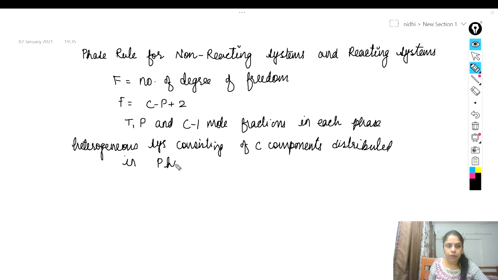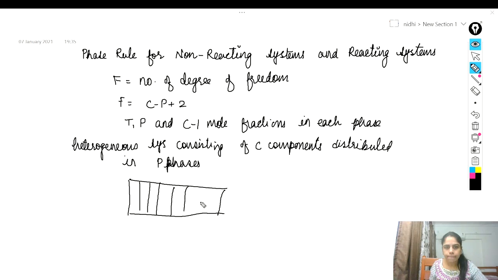Now what does it mean, P phases? Let's consider one, two, three. So we have P alpha, P beta phases, P gamma and so on. So the number of phases can be 1, 2, 3, okay.